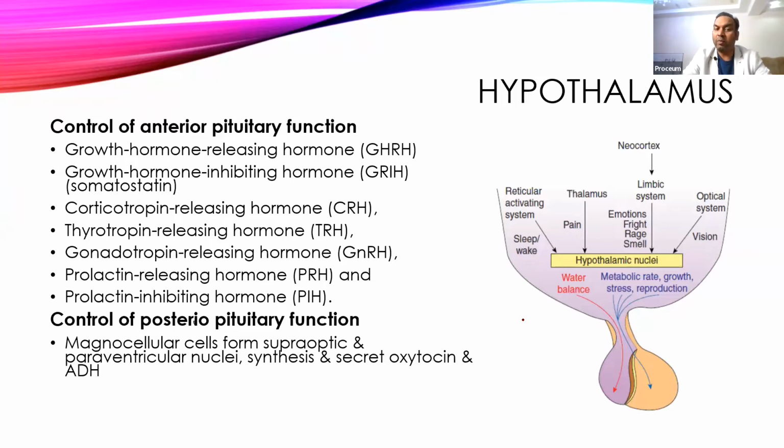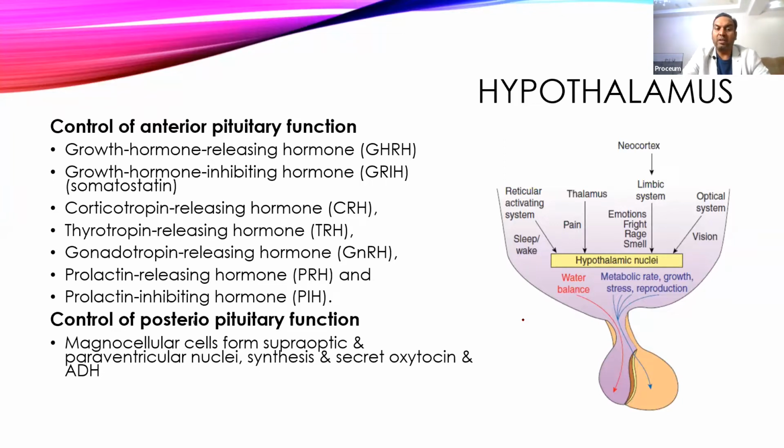Then there is corticotropin releasing hormone that stimulates the release of ACTH, adrenocorticotropic hormone, then thyrotropin releasing hormone that stimulates the release of TSH, and that TSH will in turn stimulate the release of thyroid hormone.